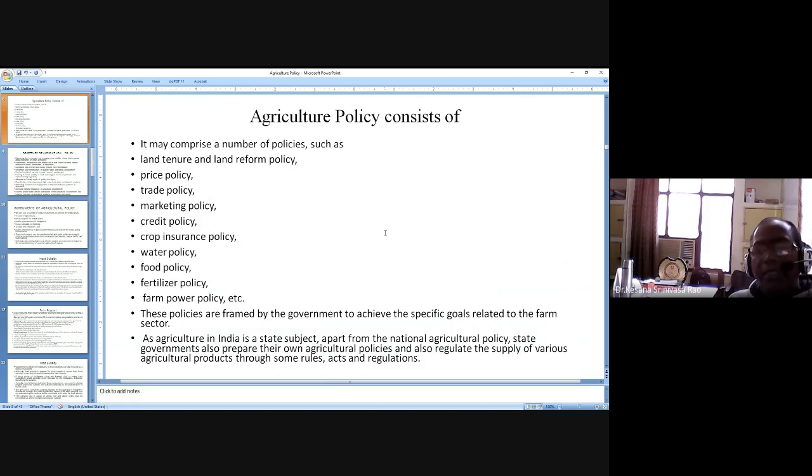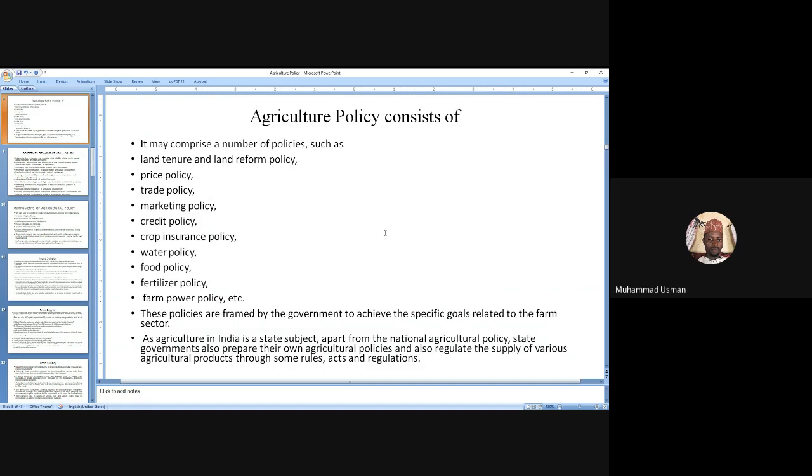If they face any cyclones or any damages due to climatic conditions, or the absence of rains, to some extent they can be adjusted through insurance policies.